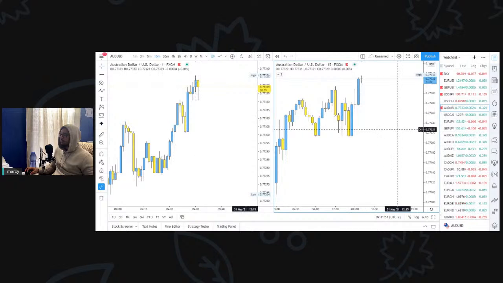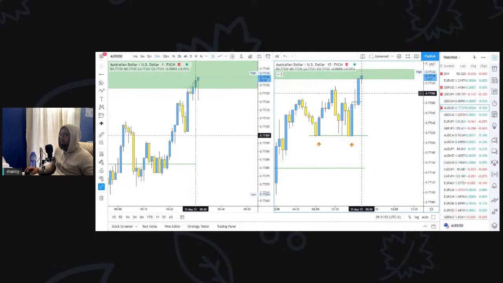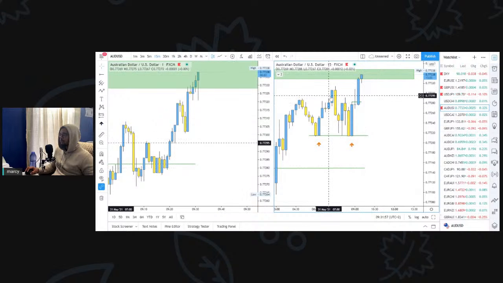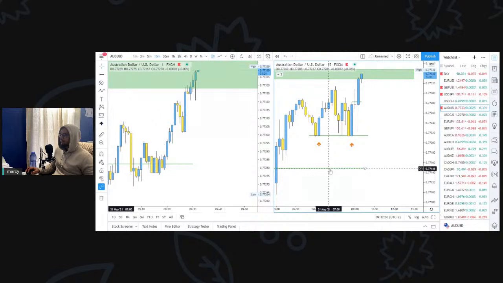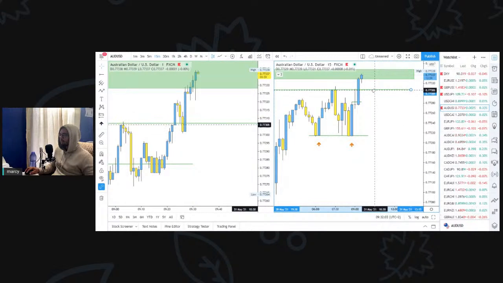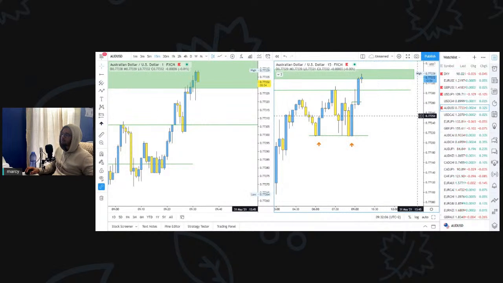AUD USD looks like it closed really nice, actually. It left a wick, and now we're gonna go higher. Look at this. Closed above this level. Clean. So you're expecting price to continue higher, at least to give you a break even.